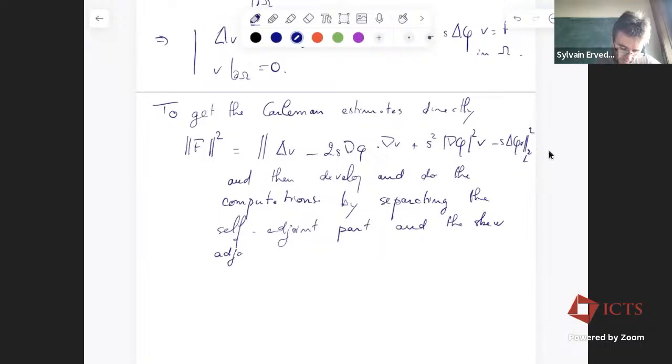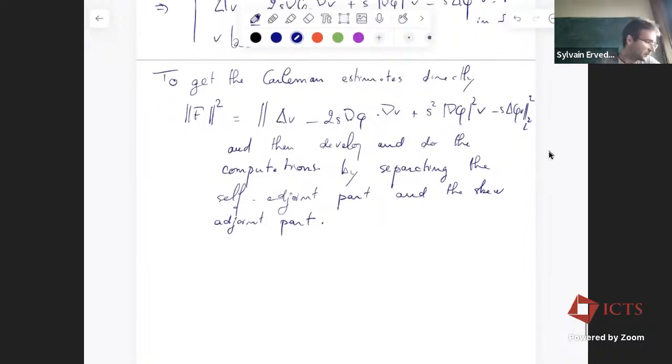Okay, so let me define the operator P1 of V equals Laplacian V plus S square gradient of phi square V. So this is the self-adjoint part.